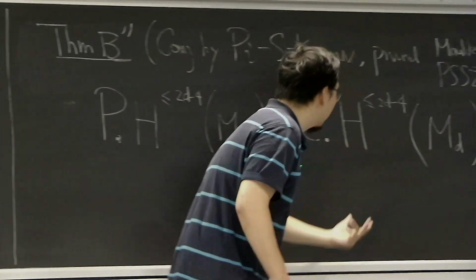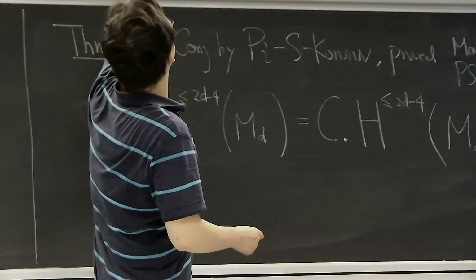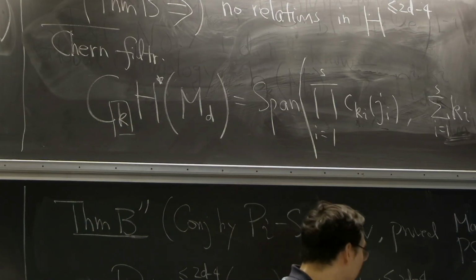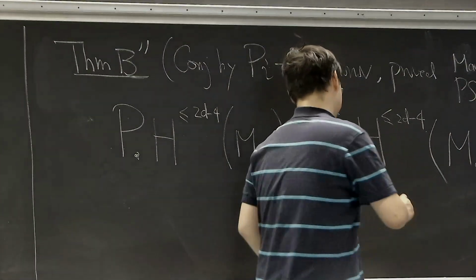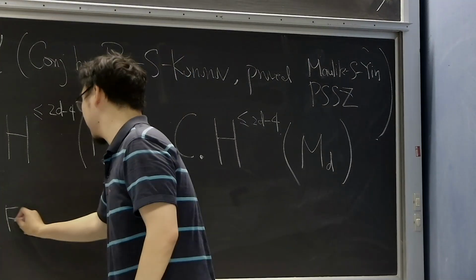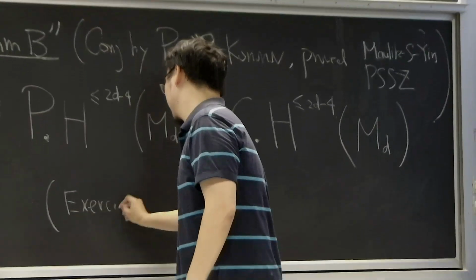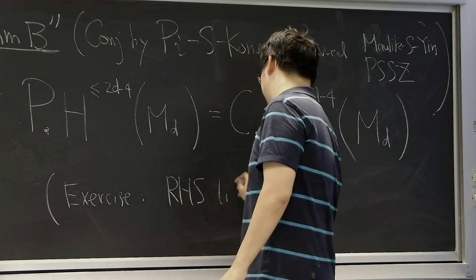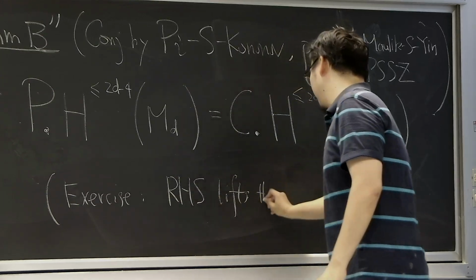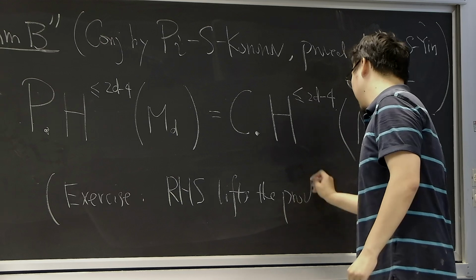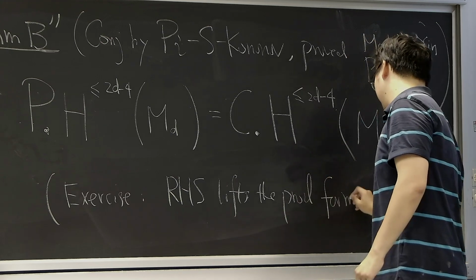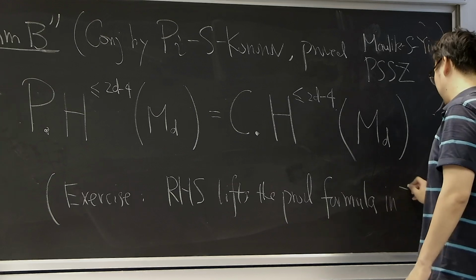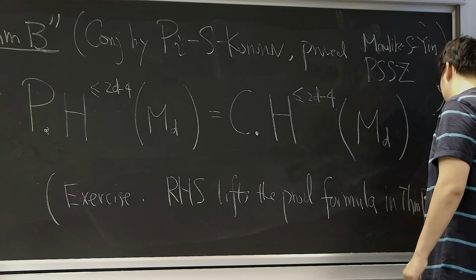And on the right-hand side, because of the second fact, since there's no relation in this range, it's an exercise that the right-hand side lifts the asymptotic product formula in theorem B prime.